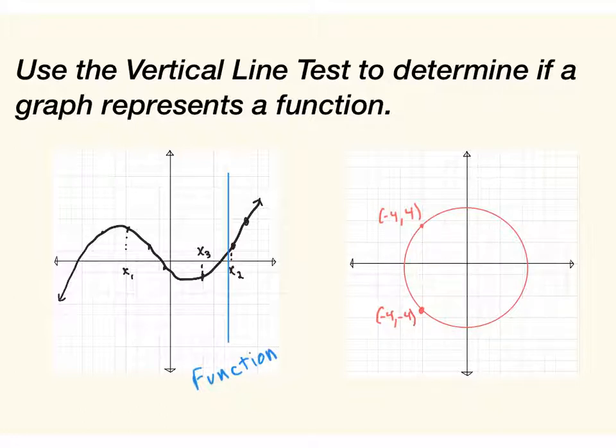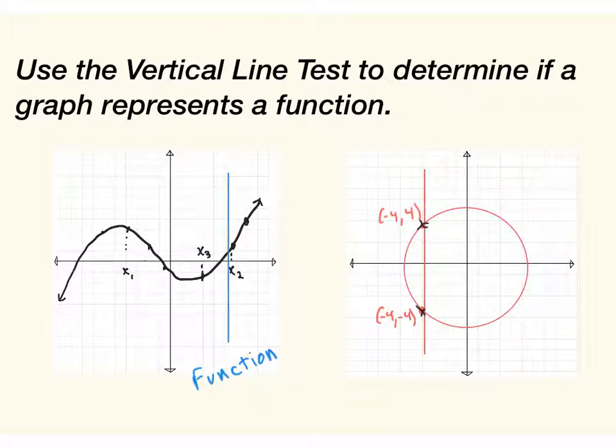So now if I use my vertical line test, we see then that this graph meets two different values of x.